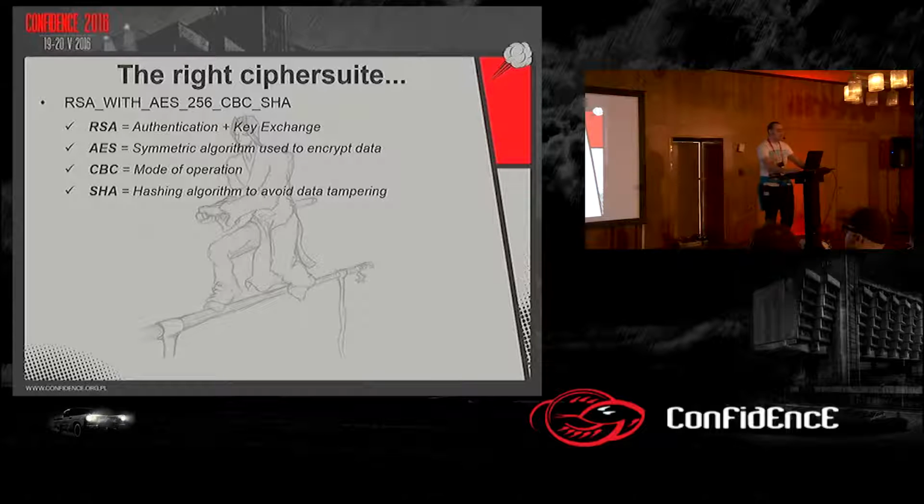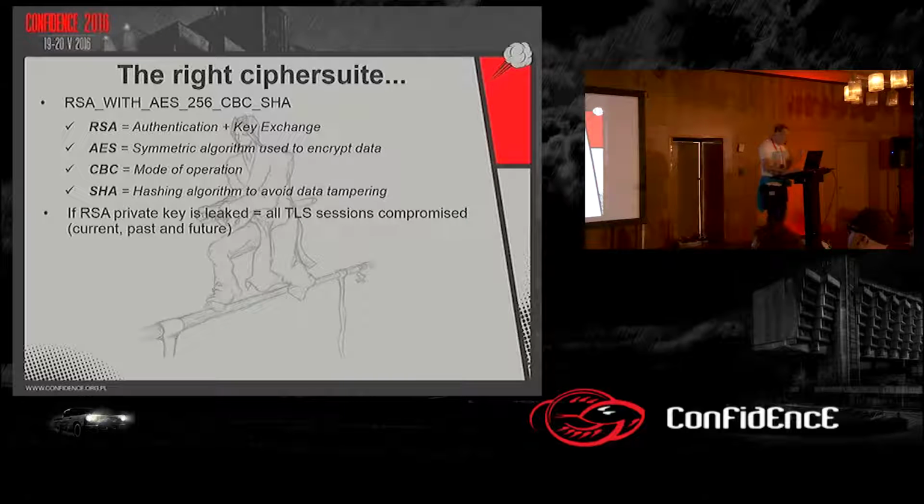So basically, in this case, RSA is used as both authentication and key exchange mechanism. AES is used as symmetric algorithm. CBC is the mode of operation. And SHA is basically the hashing algorithm. So in this case, if the private key is leaked, basically it means that we can compromise the current TLS session, but we can also compromise all the previously established TLS sessions and also all the TLS sessions established in the future.